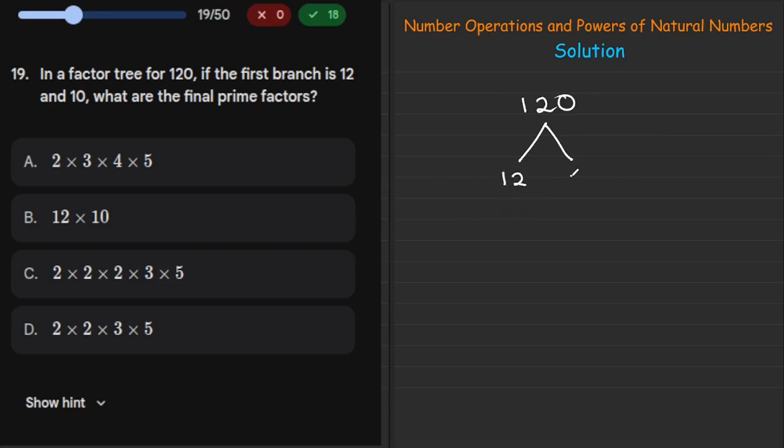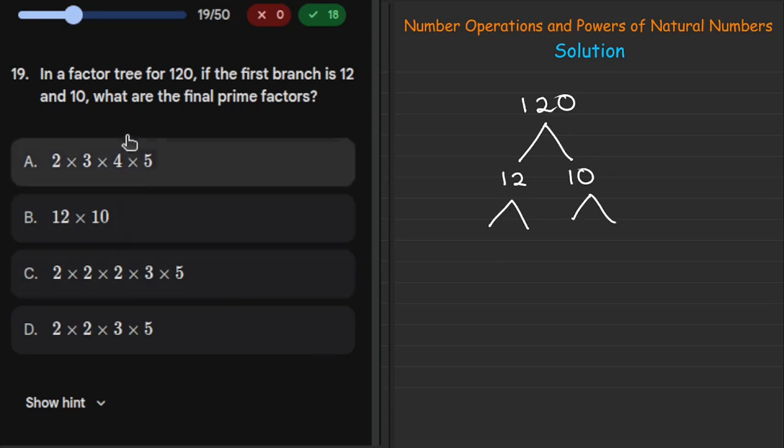So for 12, you would have a 10 over here, just as the question has said. When you want to work your prime factorization and you start with 2 composite numbers, unlike the one I have done since the beginning of this lesson till now, you are going to form branches on both sides. You see, not only on one side. It says, what is the final prime factor?